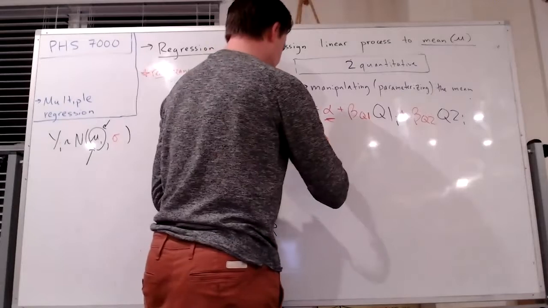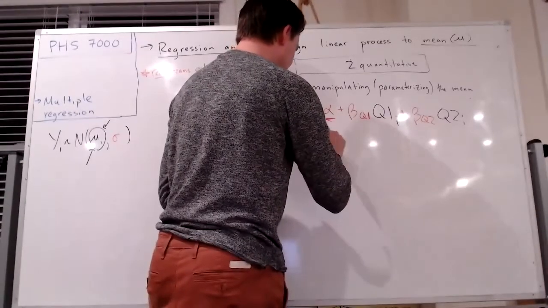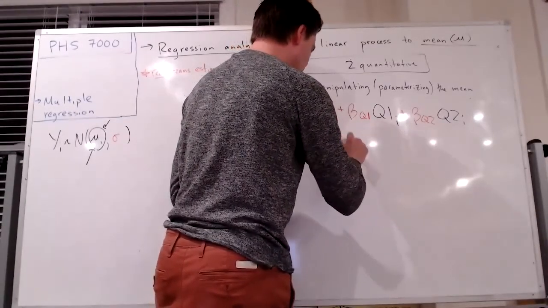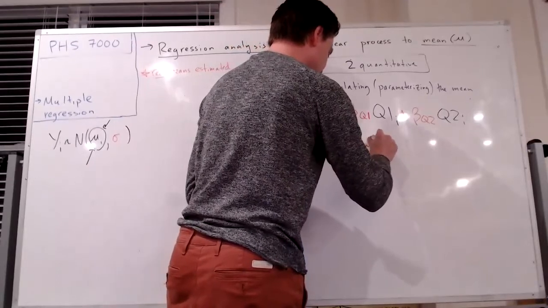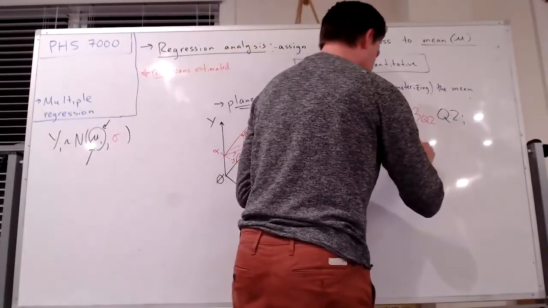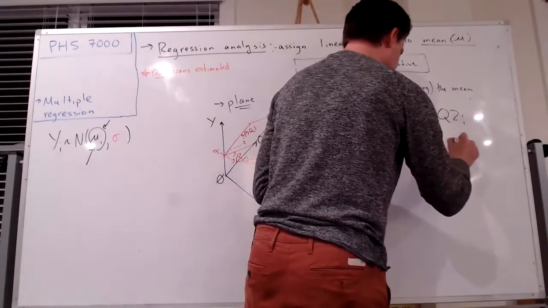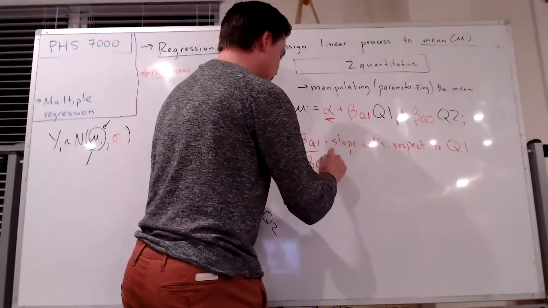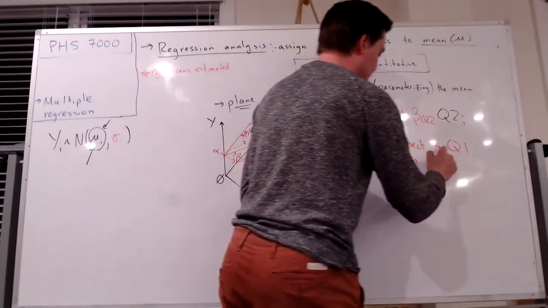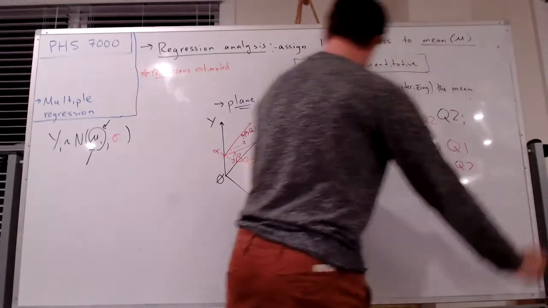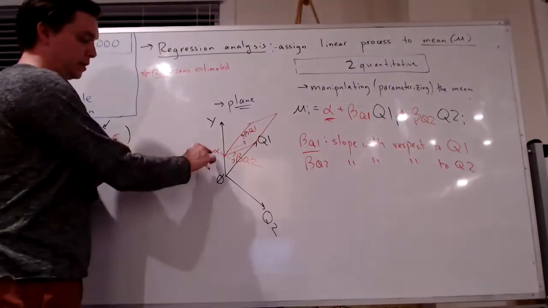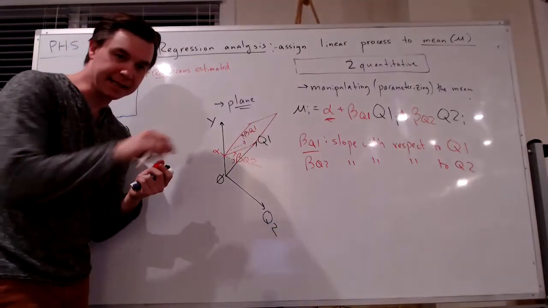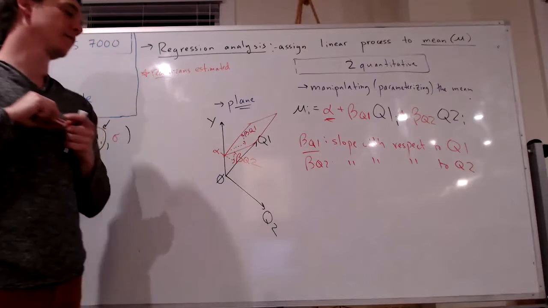So beta Q1 is the slope with respect to the first quantitative variable, and beta Q2, of course, is the slope with respect to the second quantitative variable. Intercept is where that plane hits that vertical axis.